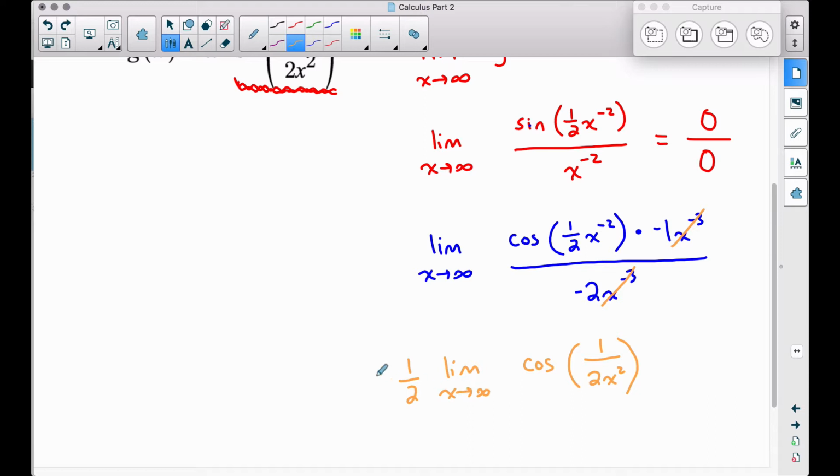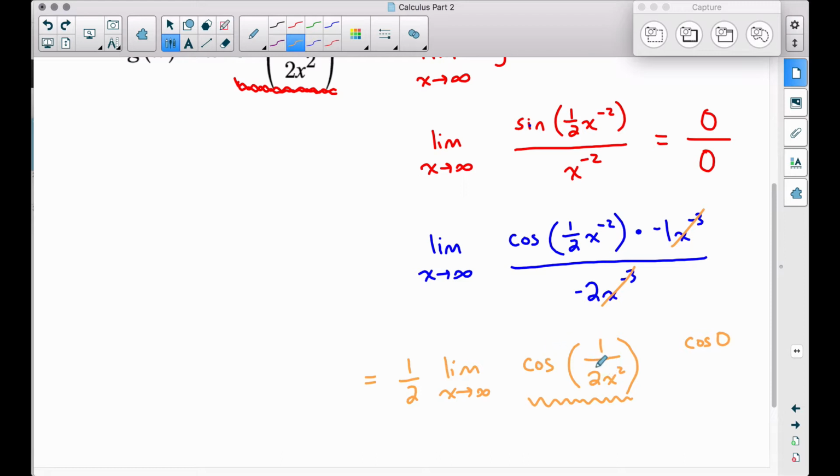So let's let x get really big now, and if x gets really big down here, 1 over a really big number is 0, so really we're taking the cosine of 0. And the cosine of 0 is 1. So all of this, if we let x get really big, let's make sure we understand this, 1 over a really big number is 0 pretty much.